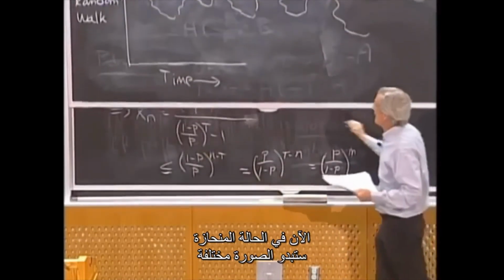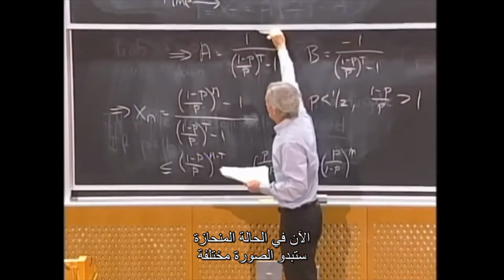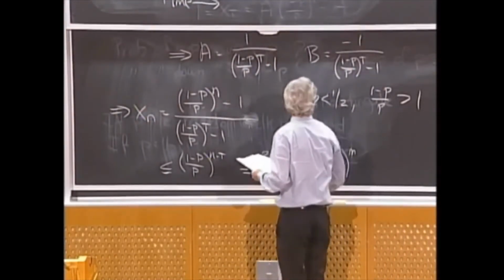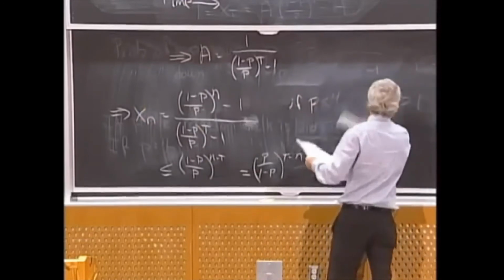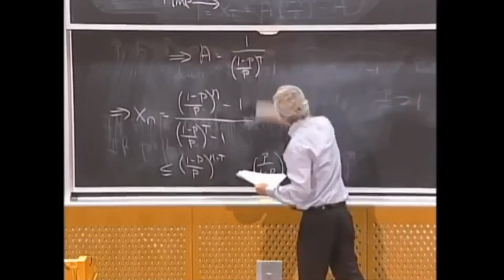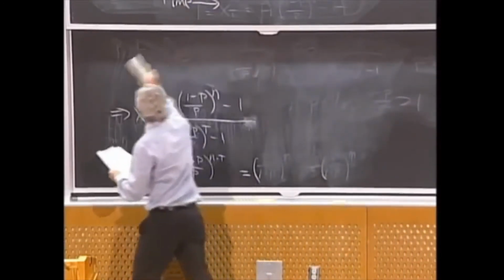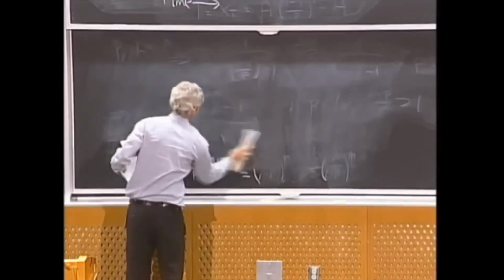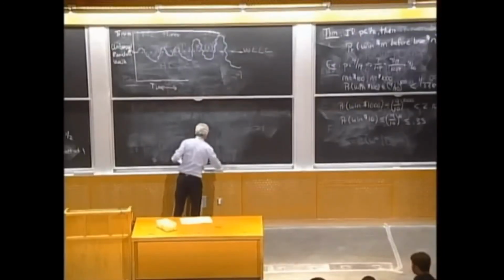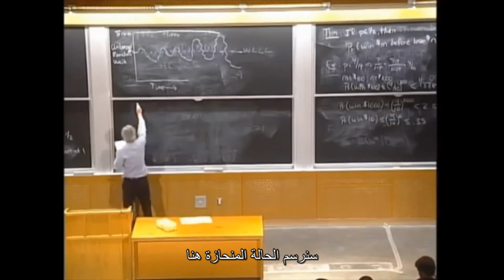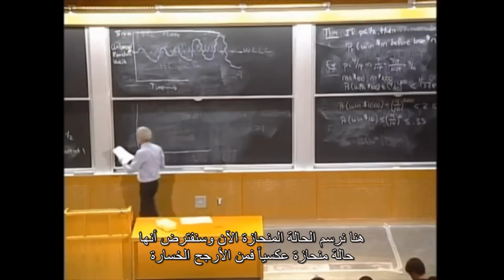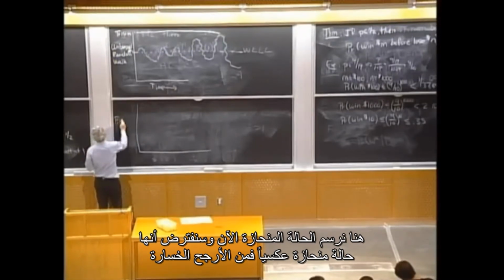Now, in the bias case, picture looks different. So in the bias case, draw it here. So this is now biased. And we're going to assume it's downward biased. You're more likely to lose.